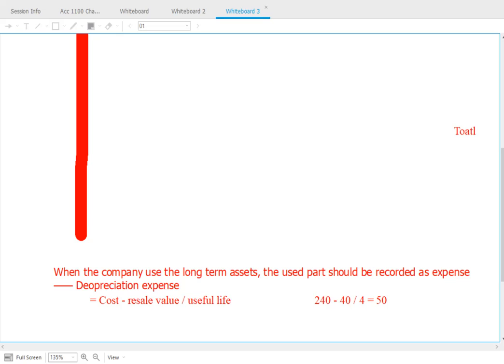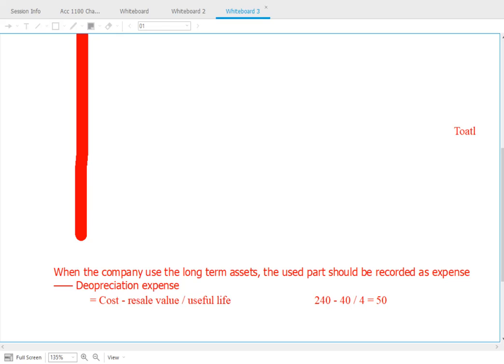It happened because I used the machine, and this is how we calculate that. Depreciation happened whether we paid by cash or on account, it doesn't matter. As long as you own an asset, it doesn't matter how you paid for it, you have a depreciation expense.